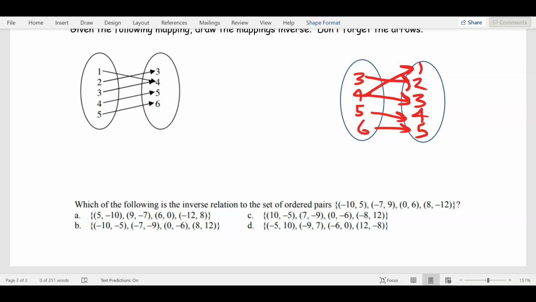Oh no, it has a positive 10. All the points have been flipped around. Okay. Now you tell me, was that easy or hard?